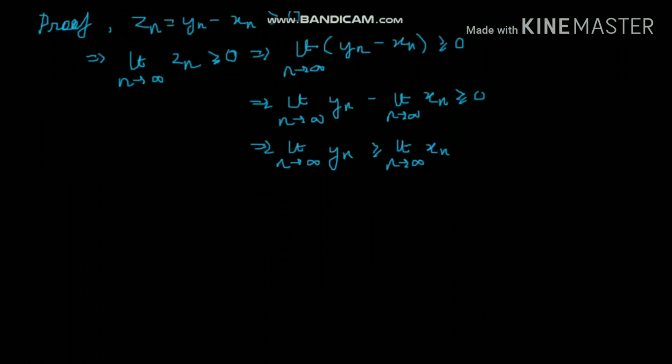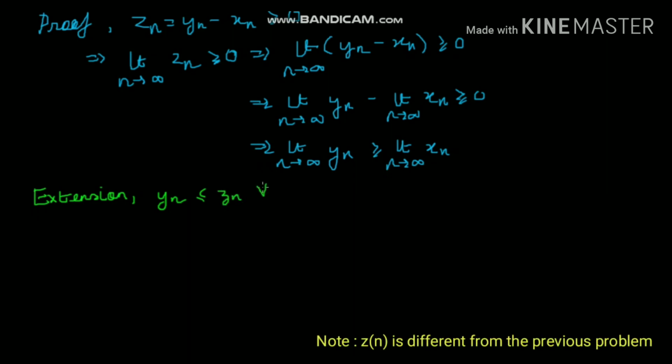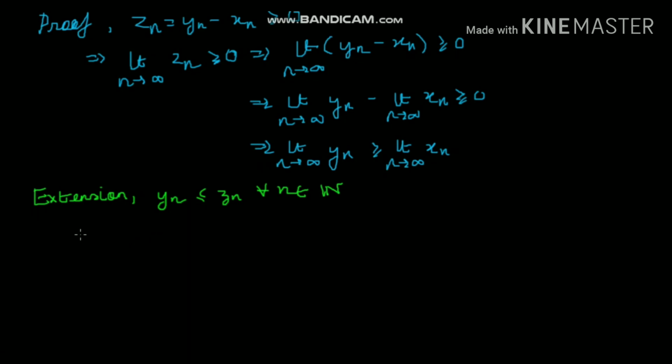Now we can further extend this theorem by adding some more conditions. So another extension of this theorem is if, with all the conditions of theorem number 4, we are further given that y of n is less than or equal to z of n, and again these two sequences converge for all n belonging to natural.